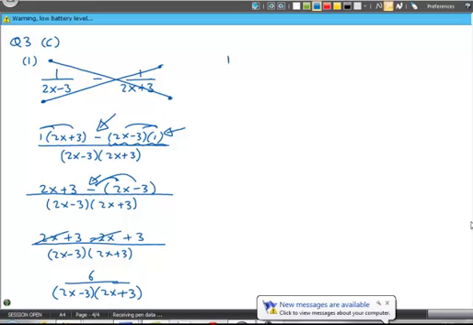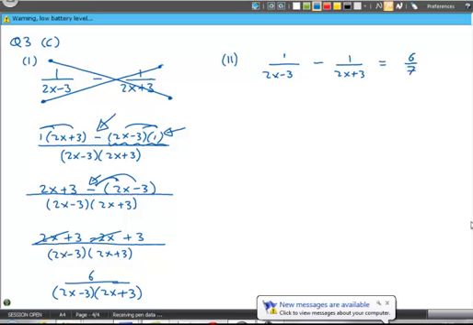Now, part 2. Part 2 of the question says, hence or otherwise solve the equation. So I'm going to show you how to do this 2 different ways. You've got 1 all over 2x minus 3 minus 1 all over 2x plus 3, and it's all equal to 6 over 7.